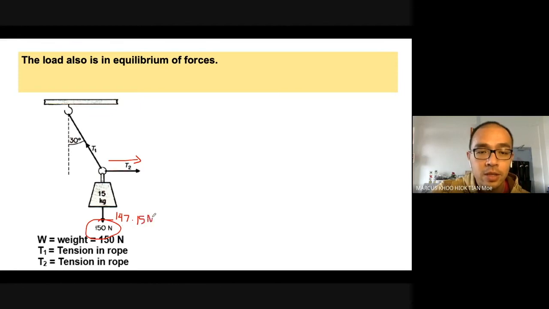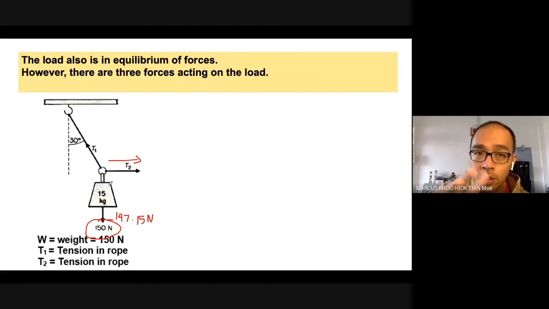Okay, so how do we determine T1 and T2? I need to know how to calculate T1 and T2. Okay, so the first thing we need to understand is that it is in equilibrium. Okay, all these 3 forces are in equilibrium. The thing is not moving, but there are 3 forces acting on the load.